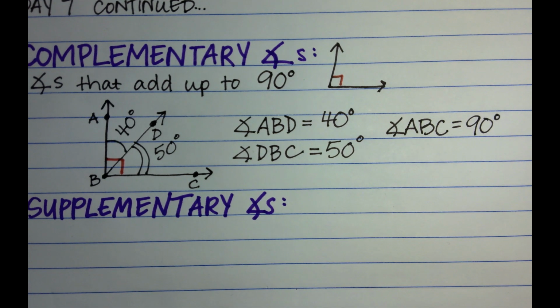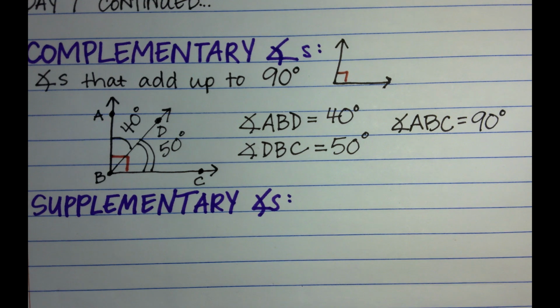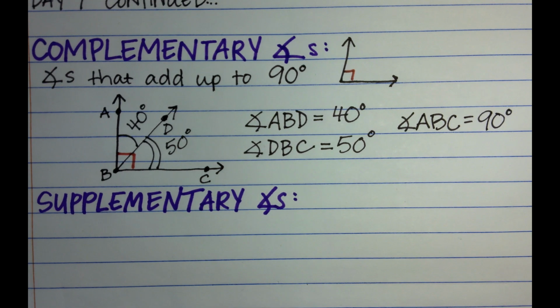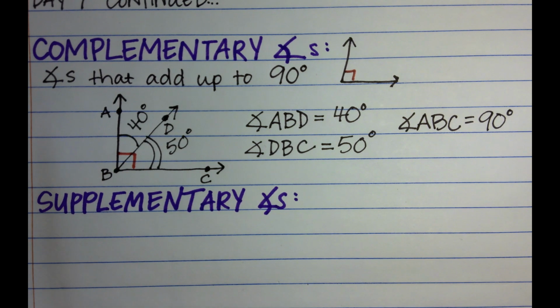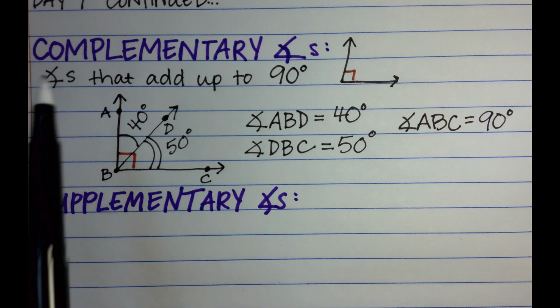There we go. So we got that. Angles that add up to 90 degrees are complementary. Complementary angles make a corner. Think of it like that. Complementary corner.